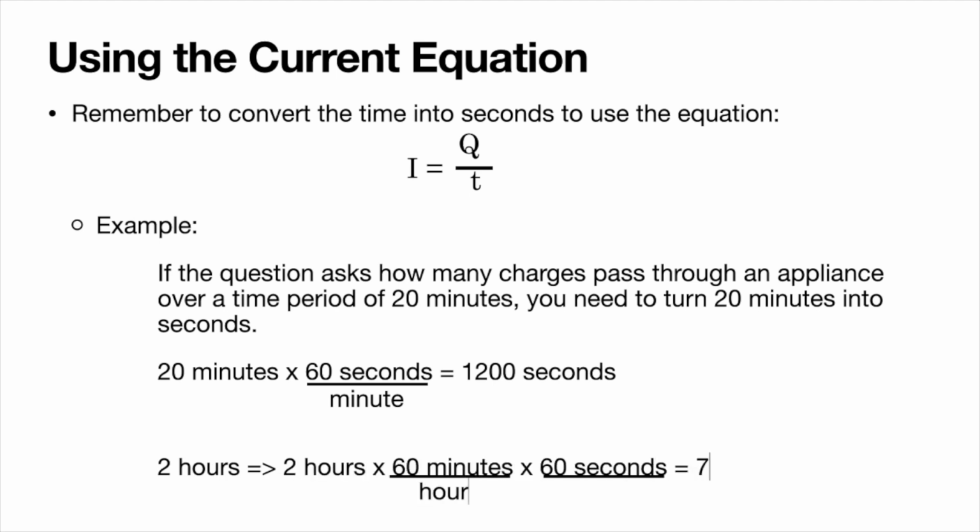Two hours would be 2 hours times 60 minutes per hour times 60 seconds per minute, which would equal 7,200 seconds.